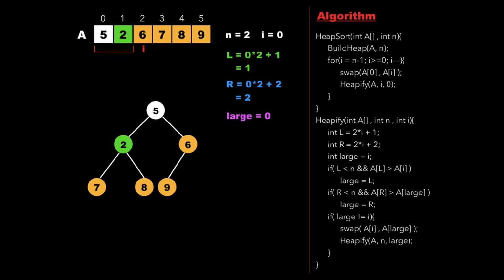Therefore we initialize the value of large as 0, and we check whether 2 is greater than 5. Since 2 is less than 5, we move further and check whether R is less than n. But the value of R is 2, which is not less than n. Therefore we compare the value of large and I. Since the values of large and I are both equal, we just return from this function and decrement the value of I.